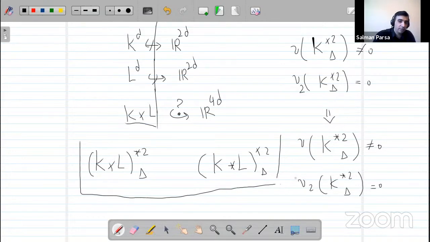Yeah, another interesting question which is related is the Z2 index of the product.